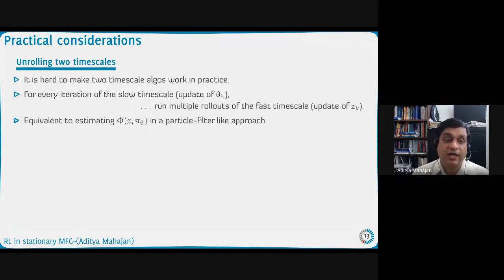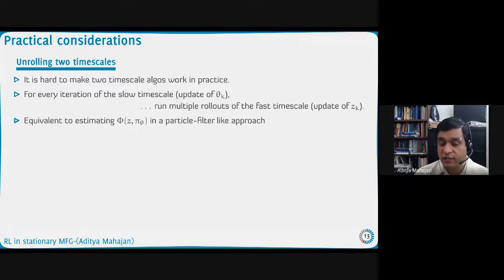Or equivalently, I can think of that as, for every iteration of the slow timescale part, which is the update of the policy parameters, I would run multiple rollouts of the fast timescale part, which is the update of the mean field. So if we take this view and say that we are running multiple rollouts of the mean field update, this can effectively be thought of as computing the stationary distribution of this mean field system in a particle filter-like approach.